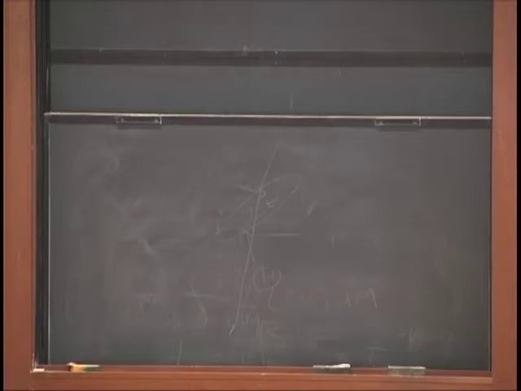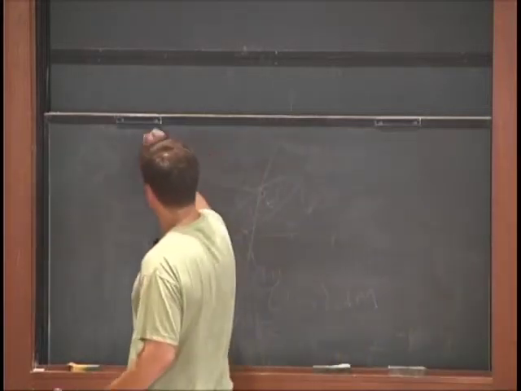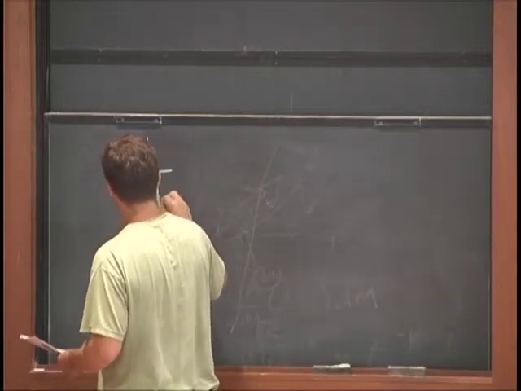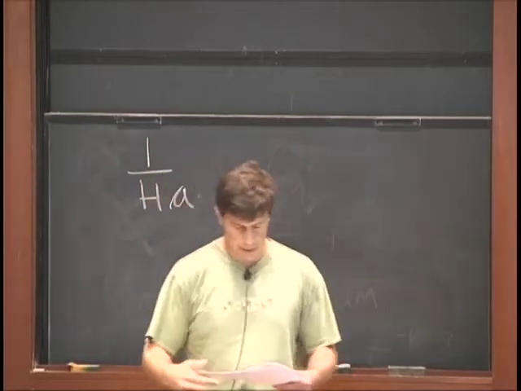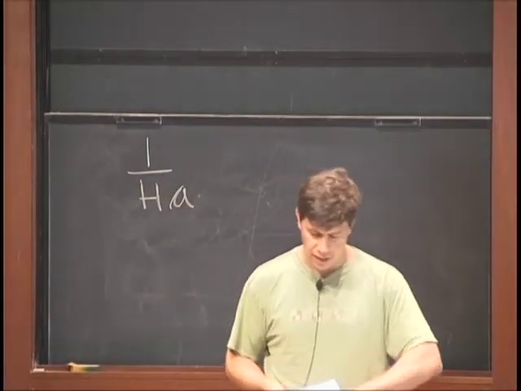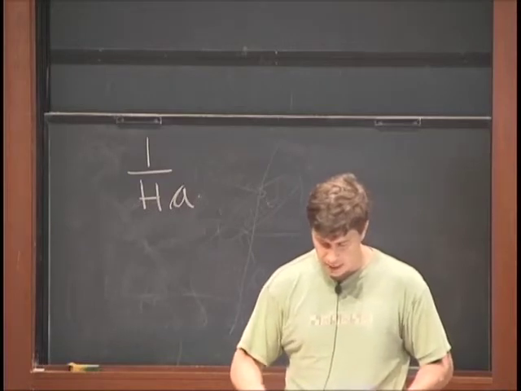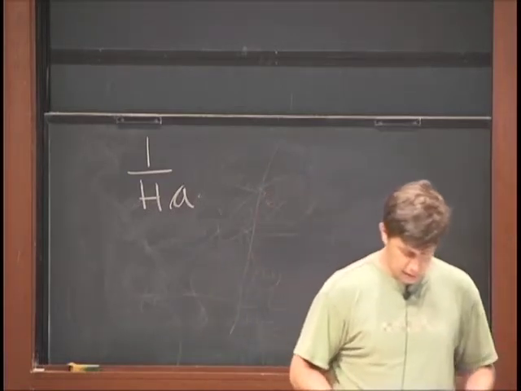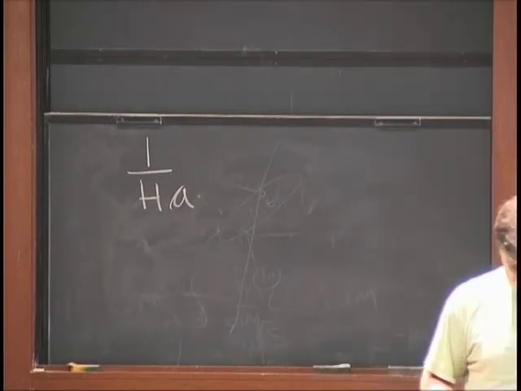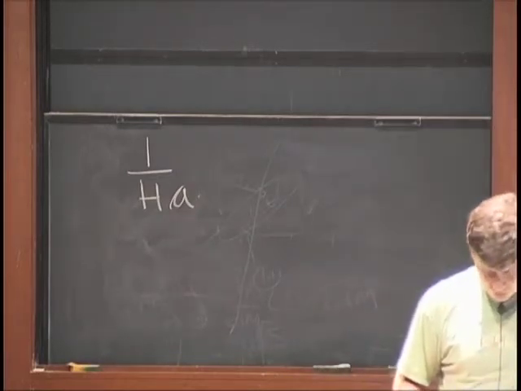And this is the size of the Hubble scale in comoving coordinates. So it's just 1 over aH. That's the size of the horizon in comoving coordinates at different times, and you can see it grows in our universe, at least in the radiation era and the matter era.